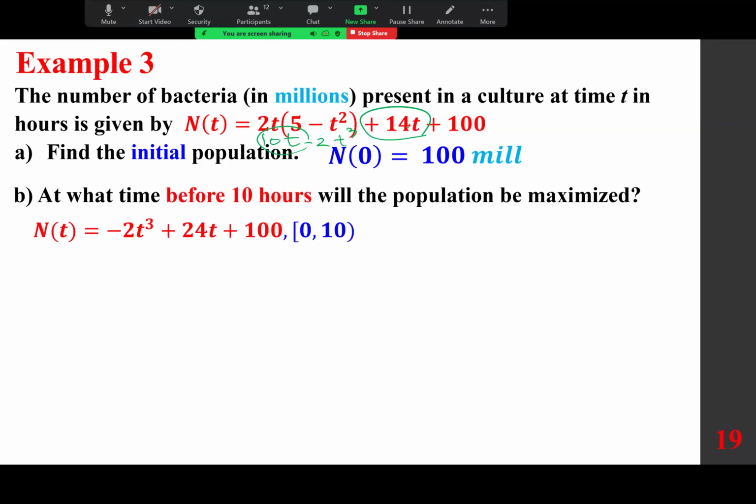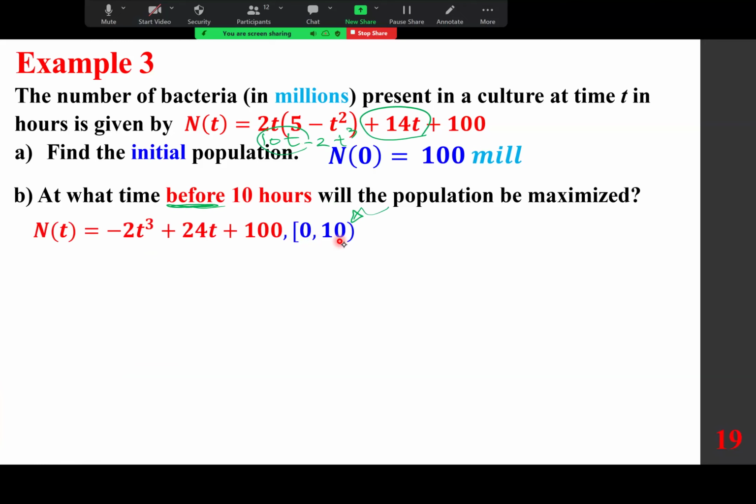I get negative 2t cubed plus 24t plus 100. And there would be t from 0 to 10, which means 10 is not included. So it's half closed, half open.